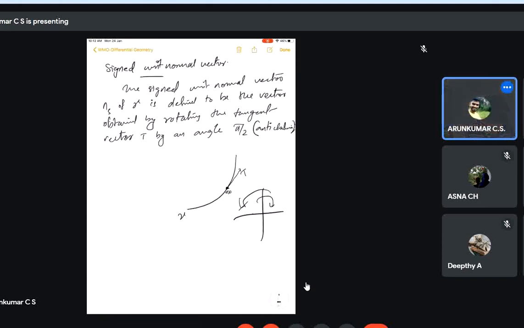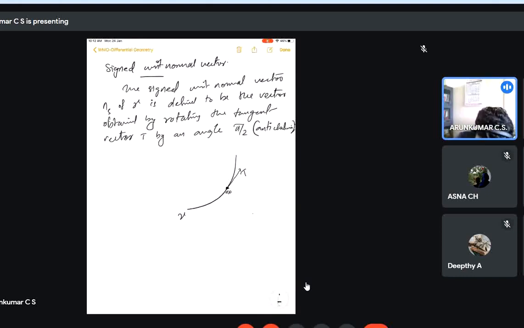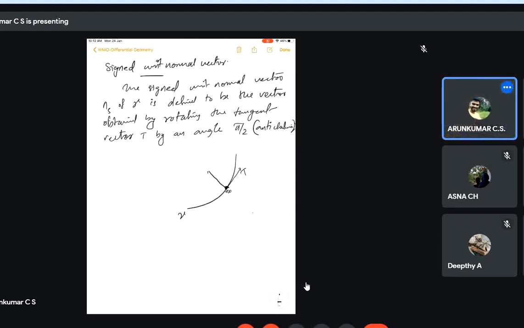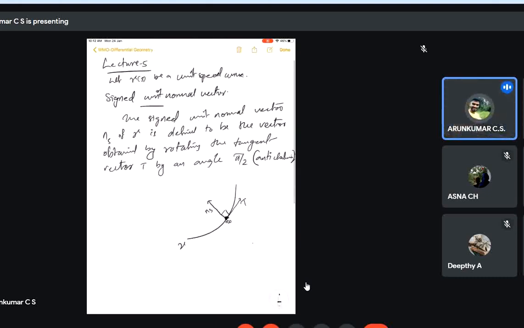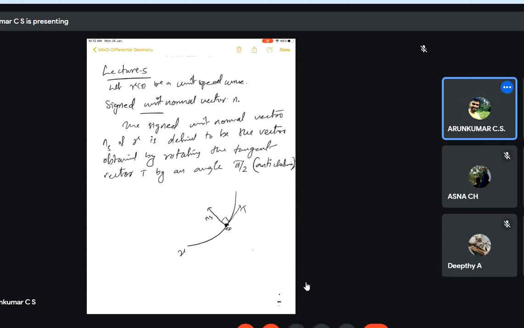So this tangent vector T, rotated by angle pi by 2 anti-clockwise, gives some vector like this, and I'll call this vector Ns. Okay, this is Ns. So maybe I can take this vector.